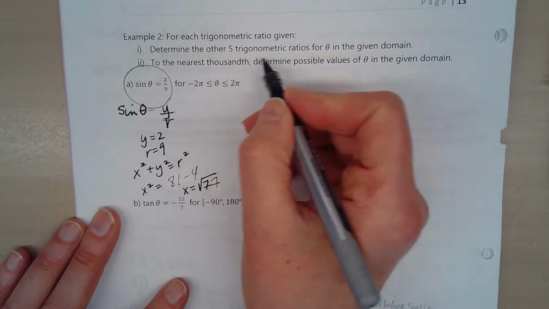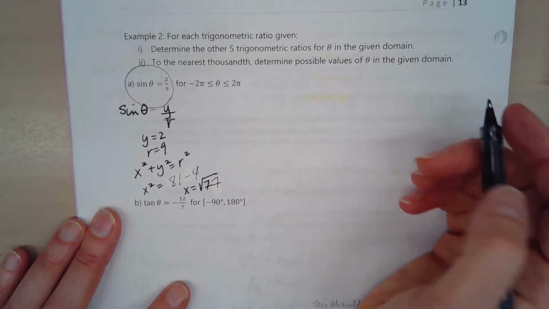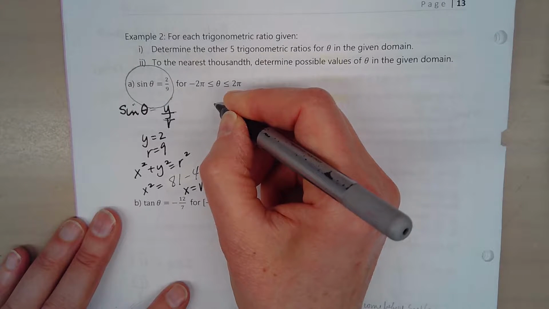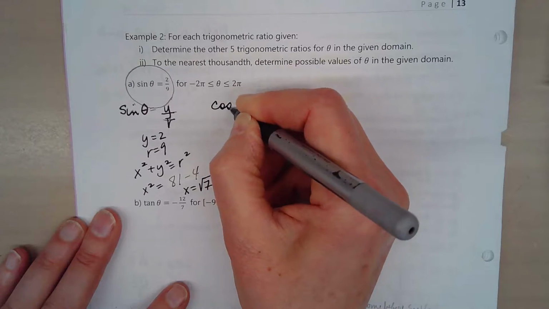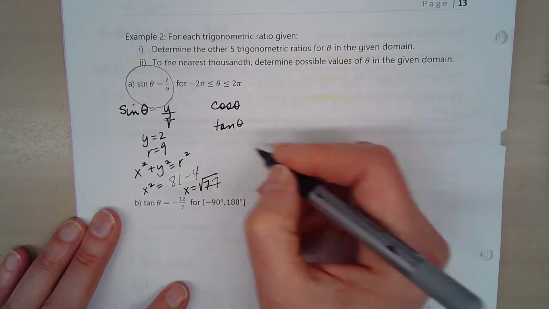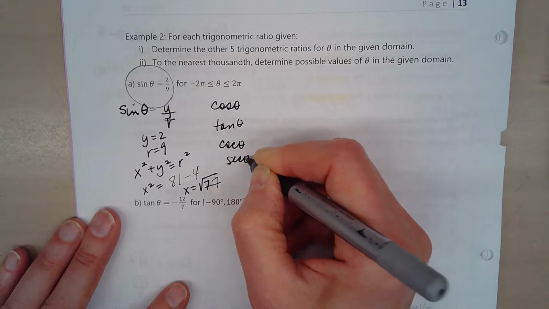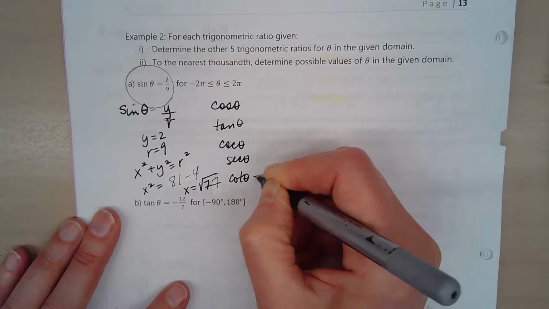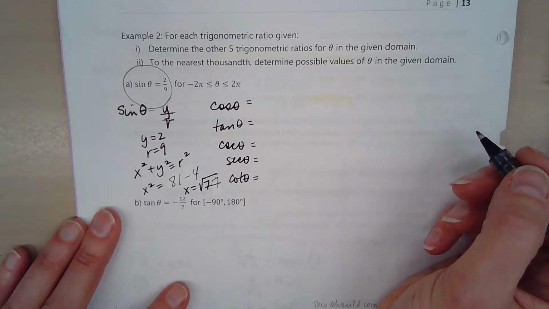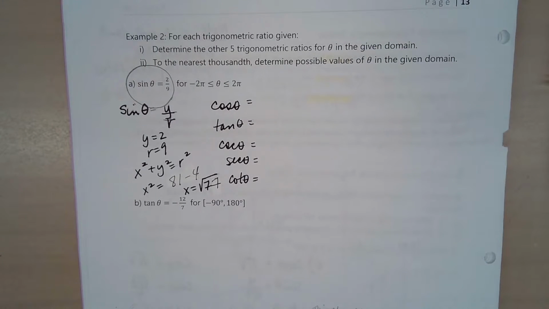All right, determine the 5 other trig ratios for this angle. What are the 5 other trig ratios? Just name them for me. Cos, tan, cosecant, secant, and cotan. Okay, you have all the info. Kinda.